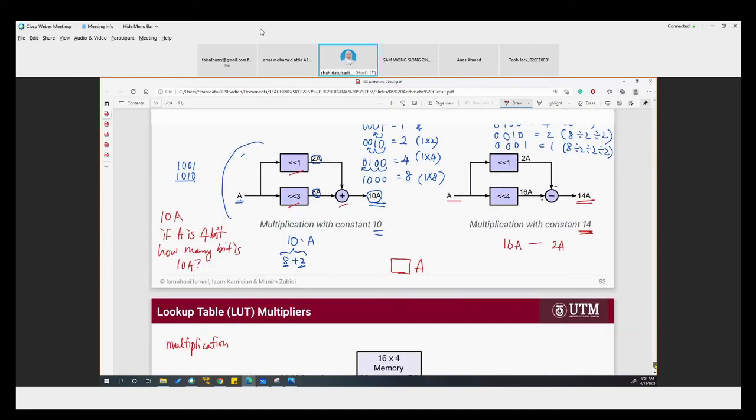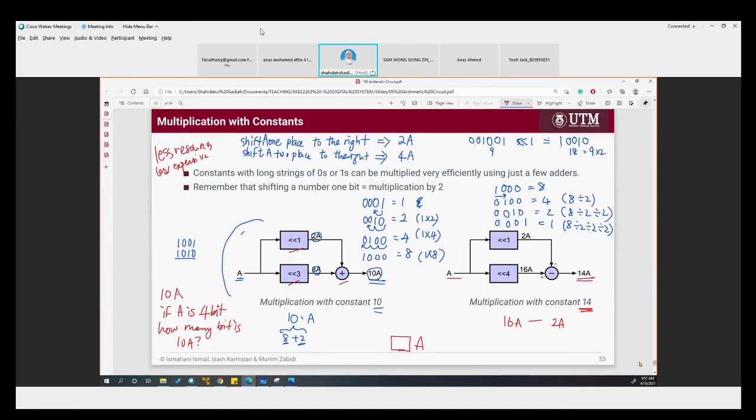Let's go back to the questions that are left with you. If A is 4 bits, how many bits is 10A? Remember, if an M-bit number is multiplied by an N-bit number, you get M plus N bits. 10 is 4 bits, because it's 1010.